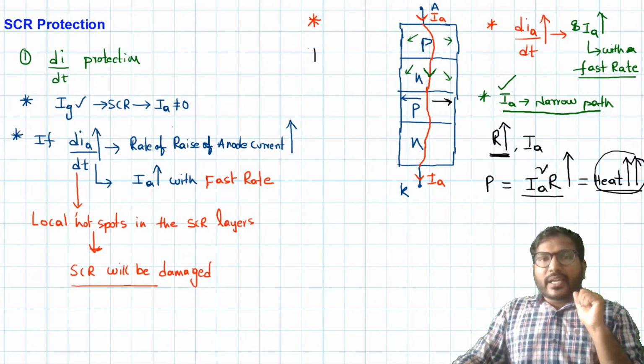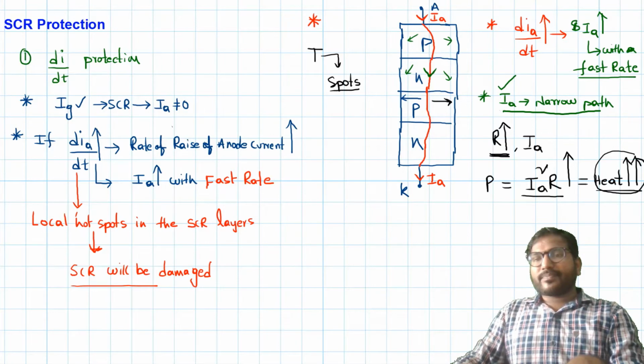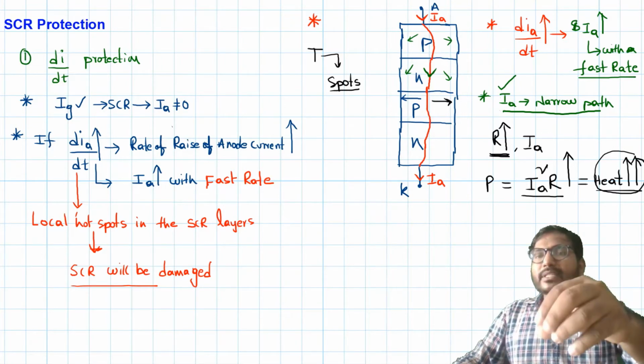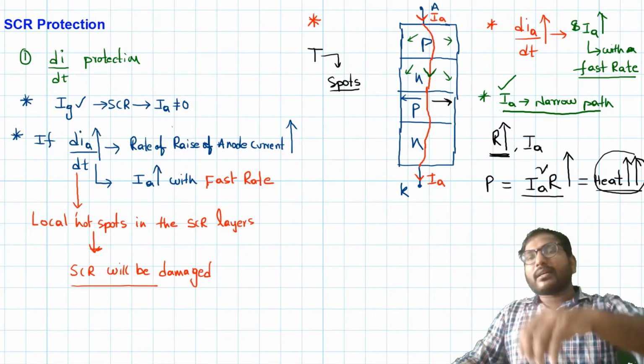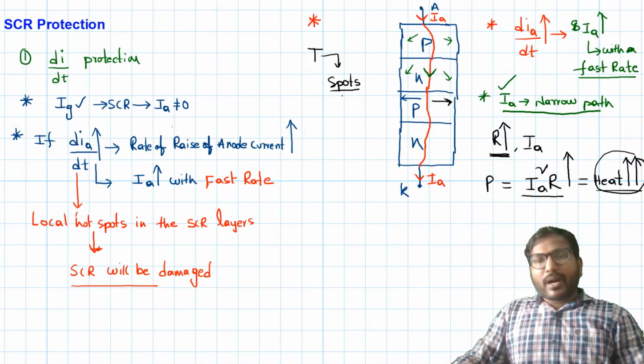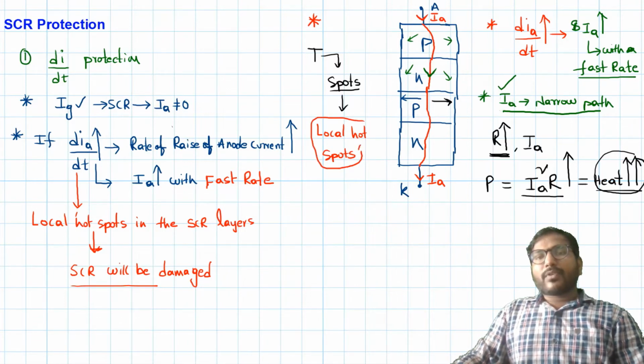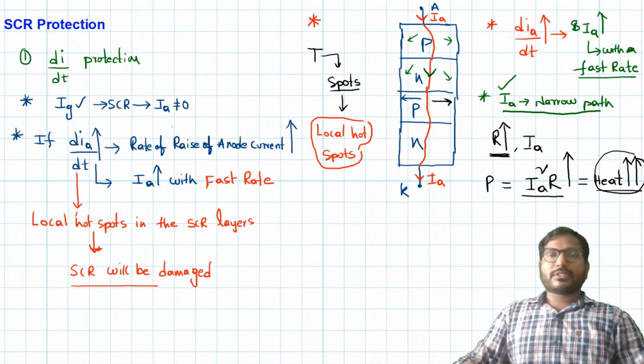So the temperature or heat concentrates on particular spots in that narrow region, and those spots will be damaged due to the high temperature. These spots are called local hot spots. This is the concept behind the formation of local hot spots.